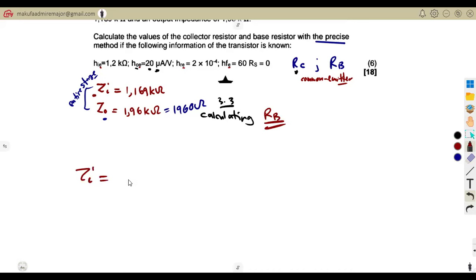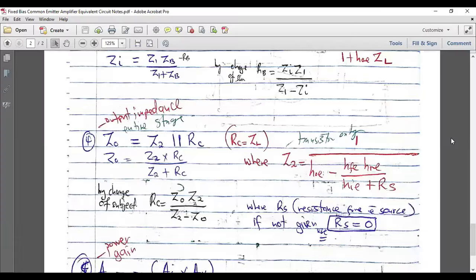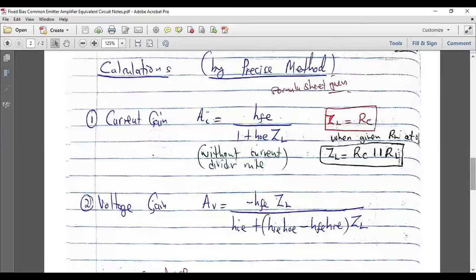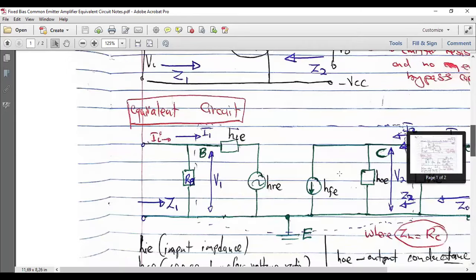We do understand that this is a comparison, that is the relationship happening between Z1 and RB, in parallel. I showed you guys at the input, what is it that you have for the equivalent circuit of a common emitter amplifier?